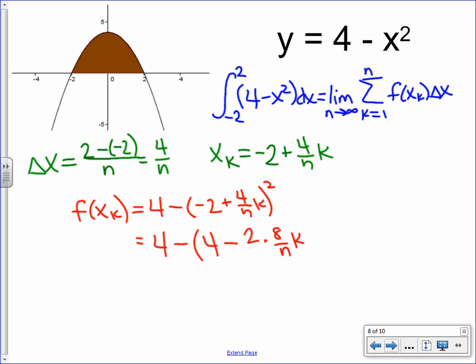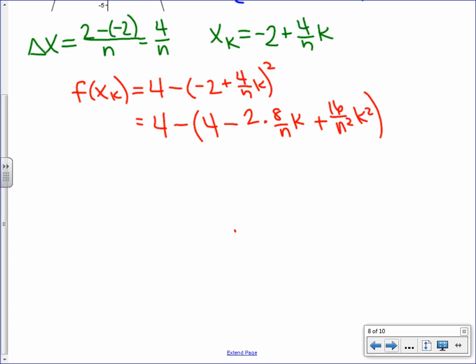And then plus our last product would be 16 over n squared k squared. So f of x of k would be 4 minus 4 goes away, correct? Good.